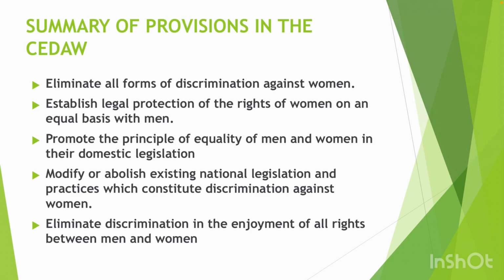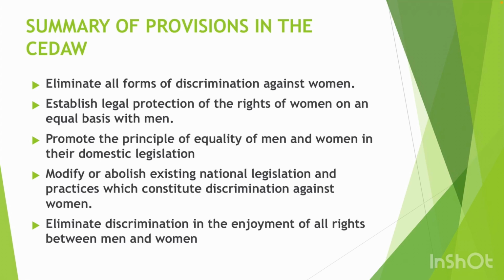Eliminate all forms of discrimination against women. Establish legal protection of the rights of women on an equal basis with men. Promote the principle of equality of men and women in their domestic legislation. Modify or abolish existing national legislation and practices which constitute discrimination against women.